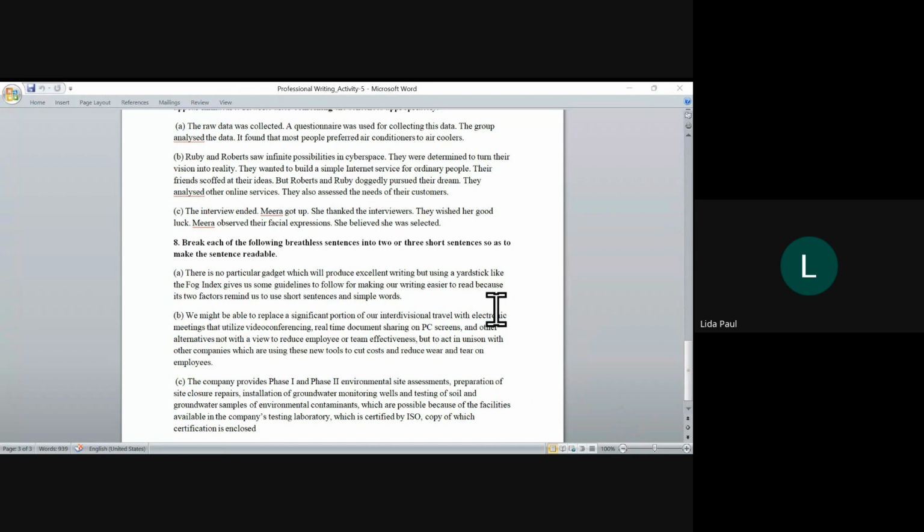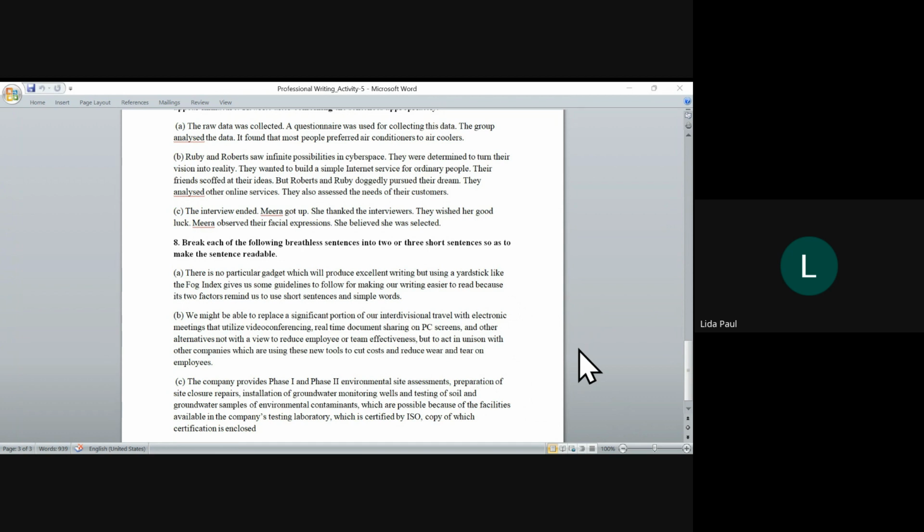Okay, anyway. So you understood, the first sentence would be, we might be able to replace a significant portion of our interdivisional travel with electronic meetings. It ends there. Then because it's about the meetings, we'll start off with, these meetings could utilize video conferencing and real-time document sharing on PC screens. Next, the main point discussed is about the aim. So then you write, the aim is not to reduce employee or team effectiveness, but to act in unison with other companies. That is where the next idea ended.